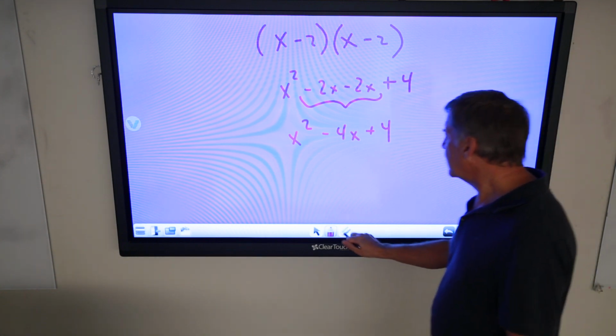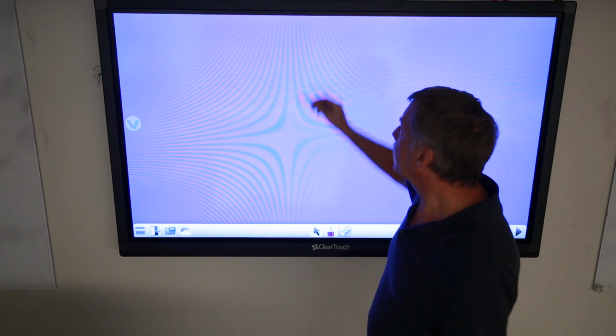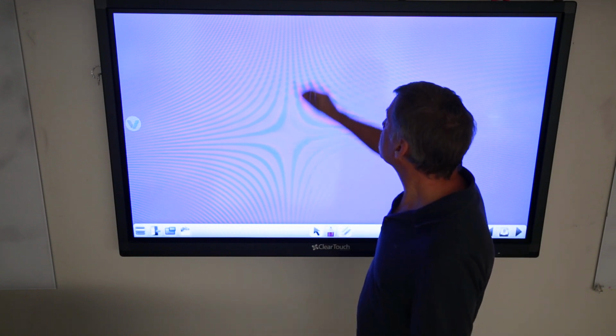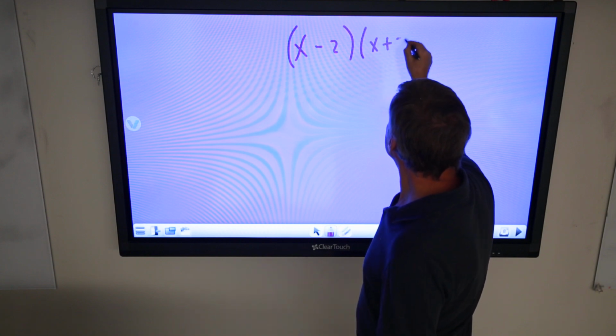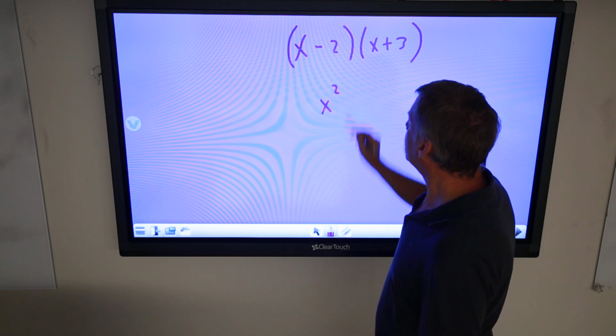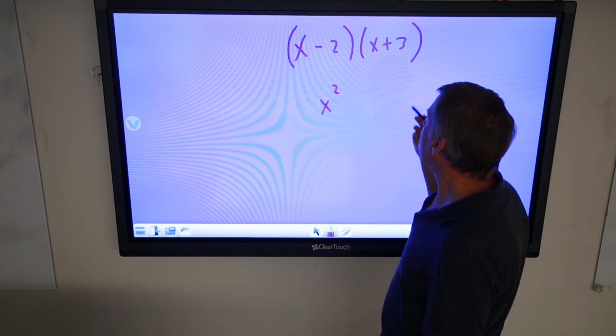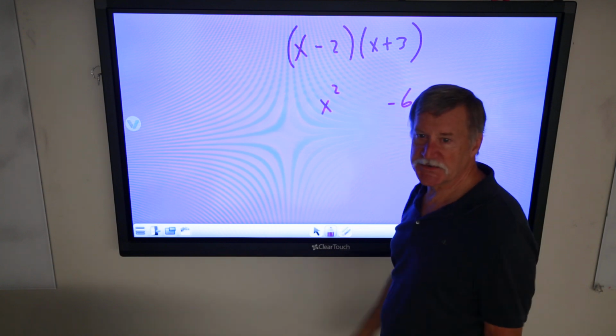Alright, let's try that again. Let's do one more FOIL here. And this time, try it in our heads. So that we have something like x minus 2, x plus 3. First times first, I'm going to write x squared. I could just go ahead and write last times last immediately, minus 2 times 3. We know it's going to end in minus 6.